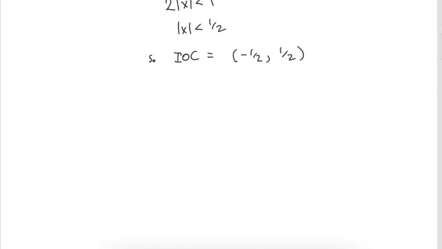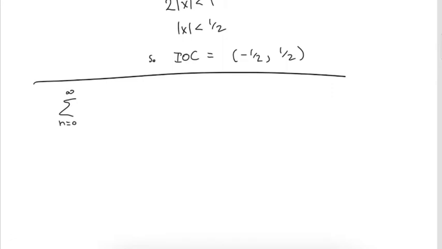How about the sum, n equals 0 to, what? No, I give you the function, you give me the series. What about 1 over 1 plus x? The standard format that we already know is 1 over 1 minus x, and we want to somehow do substitutions or something.